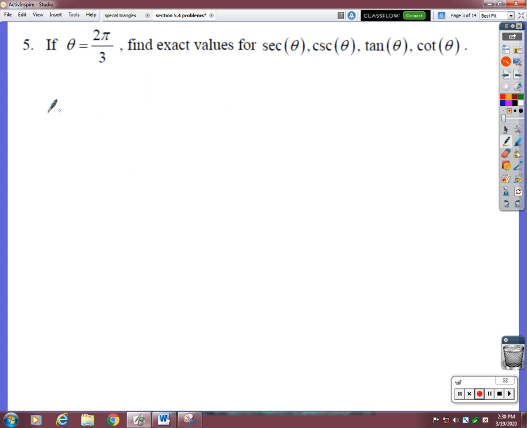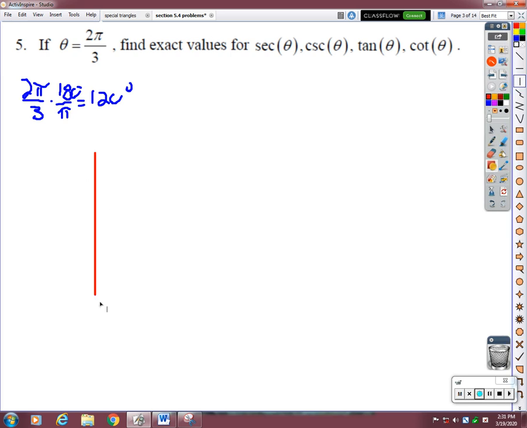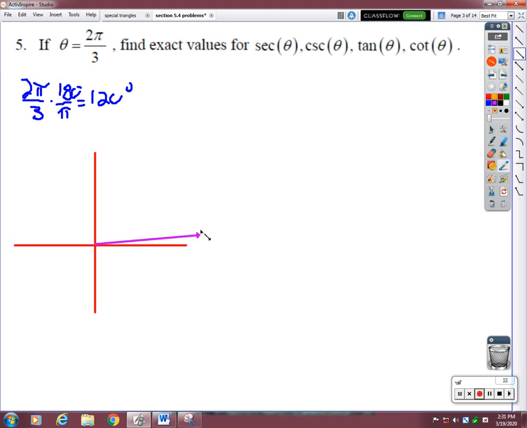Alright, same dealio, this time with 2 pi over 3 multiplied by 180 over pi gives me 120 degrees. Let's draw our reference triangle from that. So 90 plus another 30 only gets me to 120.